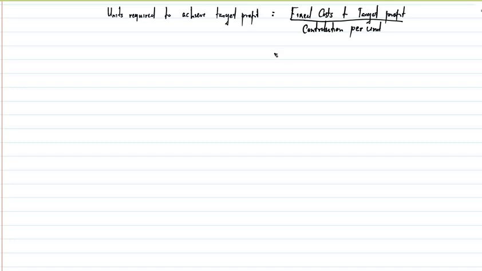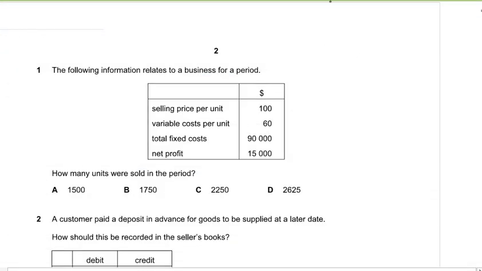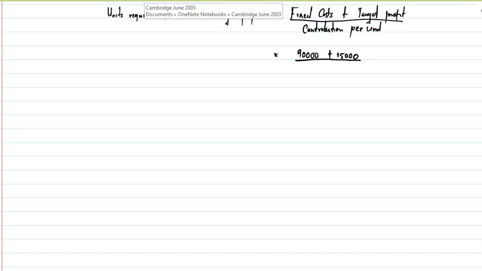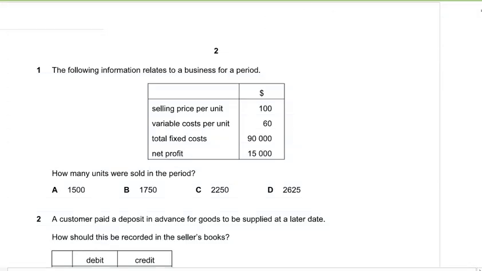So in this case, our fixed costs are 90,000 and net profit is 15,000. So 90,000 plus 15,000 over contribution per unit. Remember, contribution per unit is selling price minus variable cost. So a selling price of 100 and variable cost of 60.